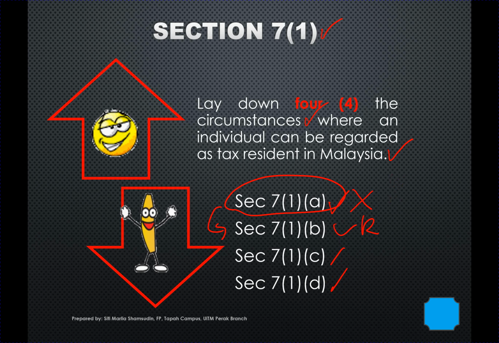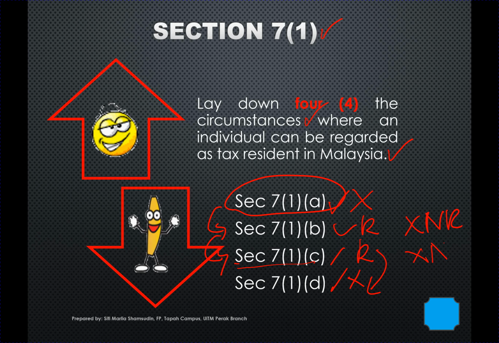Tapi kalau tengok Section 71B, dia bukan resident juga under Section 71B, then only you move to Section 71C. Kita test dia pula bawah Section 71C. Kalau under Section 71C, that person become a resident, you don't have to proceed dengan Section 71D. Tapi, when you refer to Section 71C, that person still jadi non-resident, then only kita akan move kepada Section 71D.